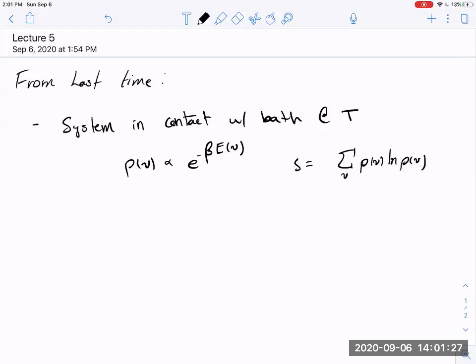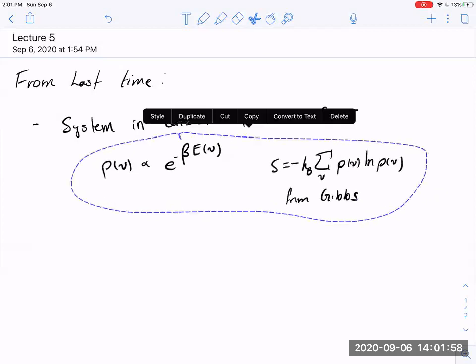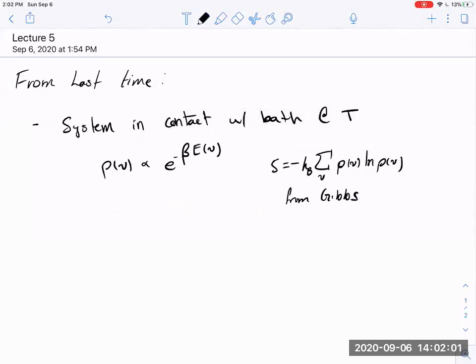So in order to keep entropy a positive number, we'll multiply it by negative, and to give it units, we'll use Boltzmann's constant. So this was from Gibbs. And that works whether or not we're in a system that is isolated or at fixed temperature, or quite generally in any other circumstance we can imagine. So these two are statements that work for systems in contact with baths at finite temperature.